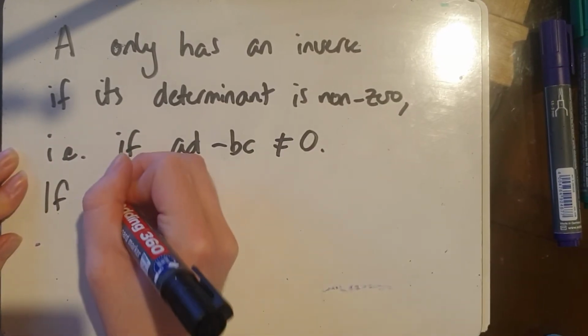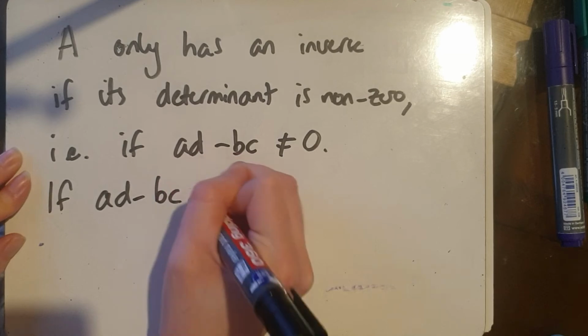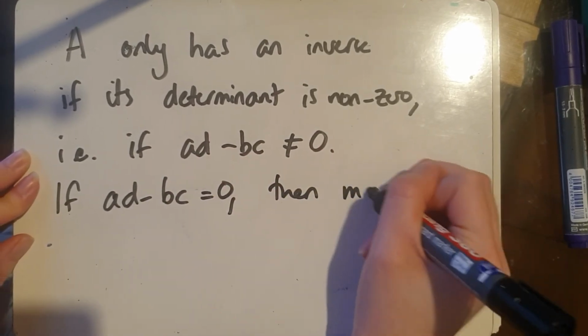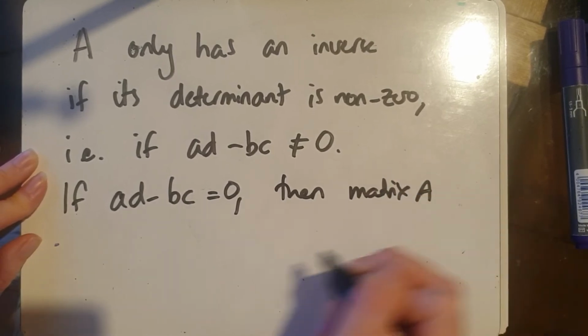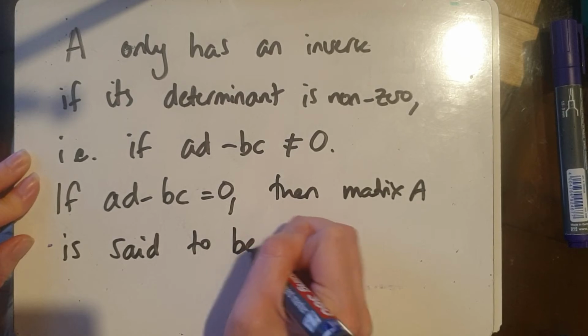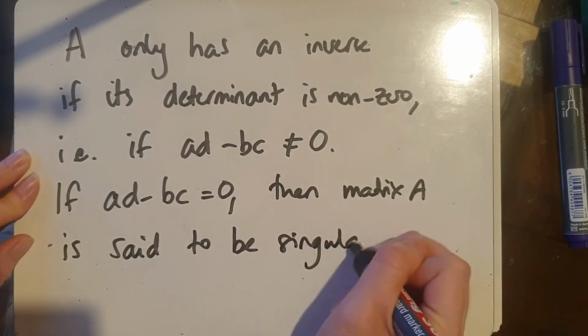If its determinant is 0, then the matrix A is said to be singular. It does not have an inverse.